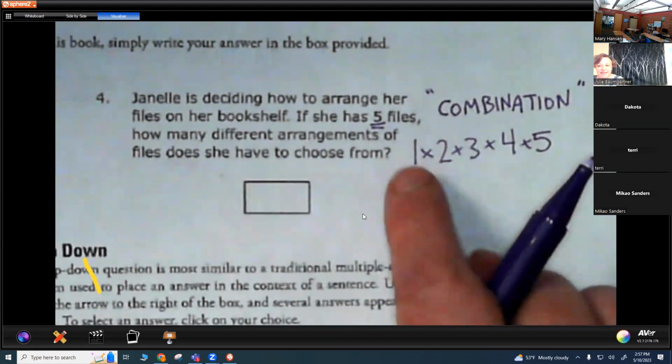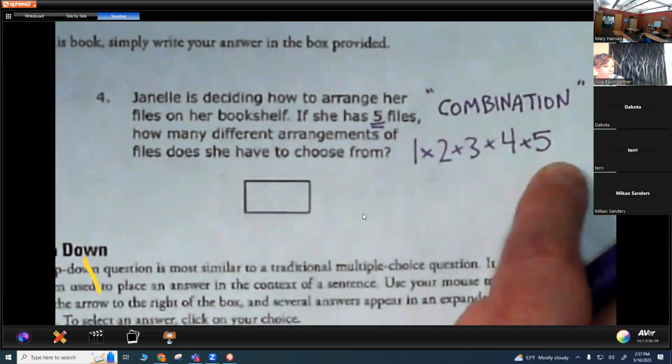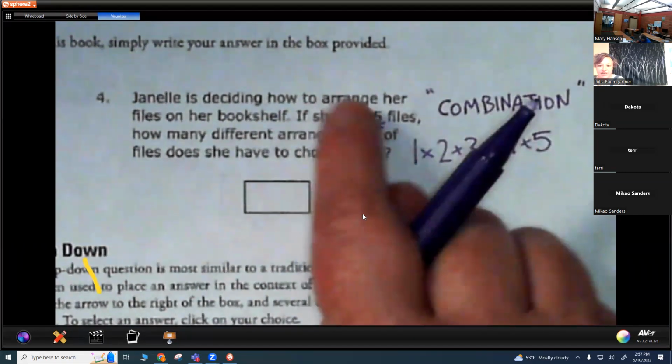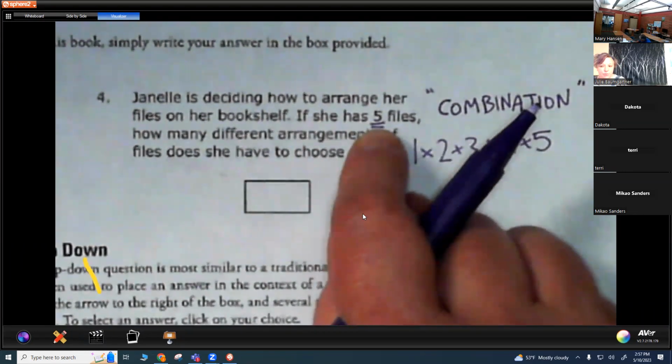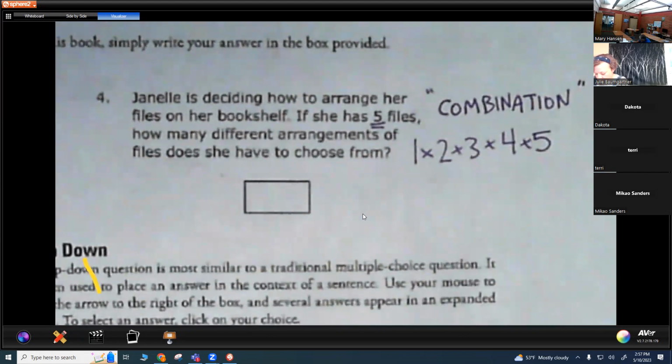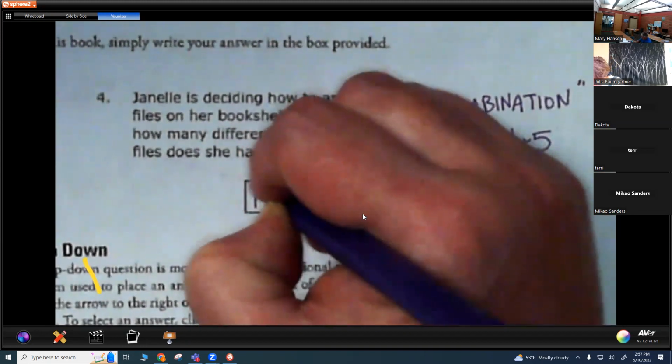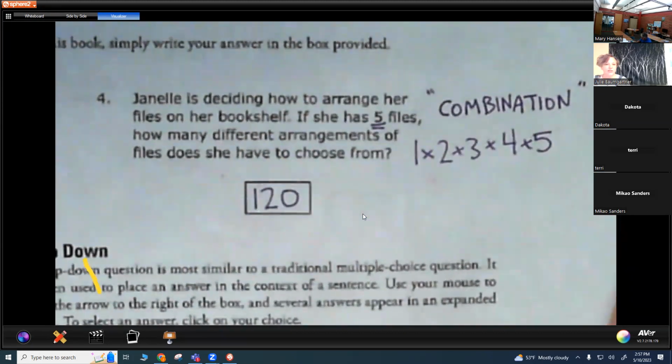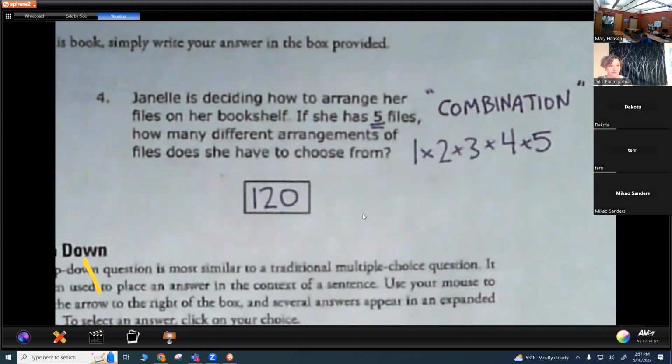And that basically gives you all possible arrangements of the 5 files. So there should be about 120 different ways to arrange those 5 files.